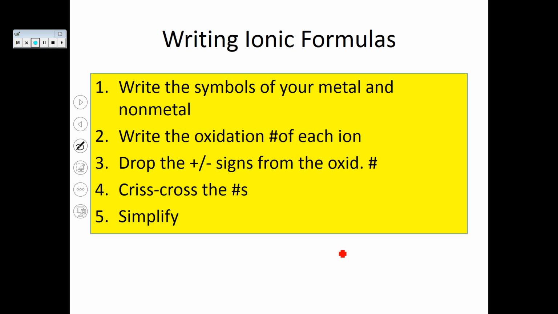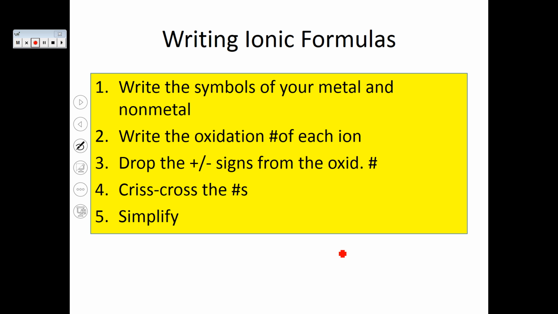Second step is to write the oxidation number of each ion. We learned a couple days ago that the oxidation numbers can be found easily from the periodic table. They increase, +1, +2, +3, and then group 4, positive or -4, and then the oxidation numbers go -3, -2, -1.